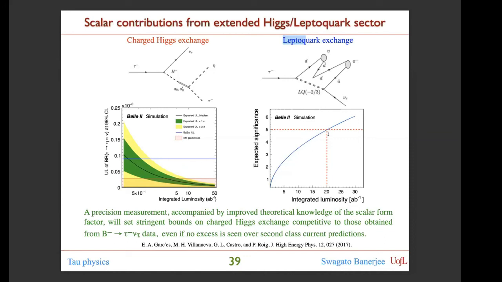With about 20 ab inverse, we expect to reach a combined significance of about 5 sigma for tau to eta pi. So it is interesting to note that the precision measurement of this kind of final state, associated with an improvement in the knowledge of the scalar form factor, will be able to put very stringent bounds on the charged Higgs exchange, even if we do not find any excess from the standard model prediction for the second class current.